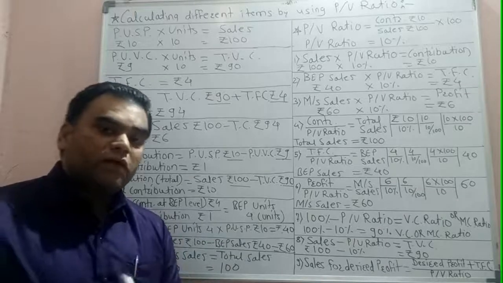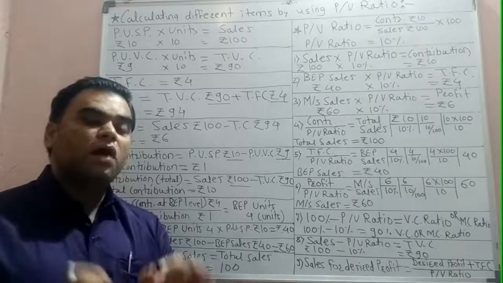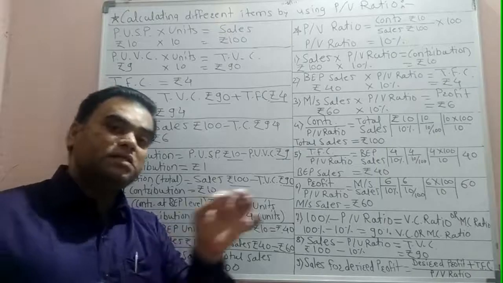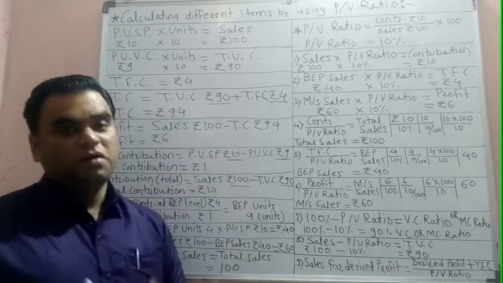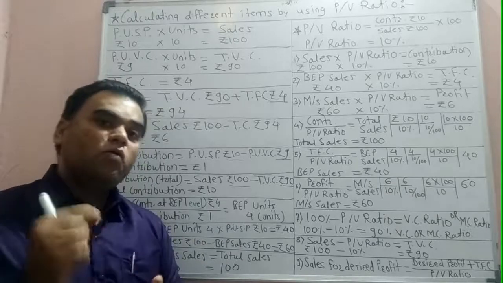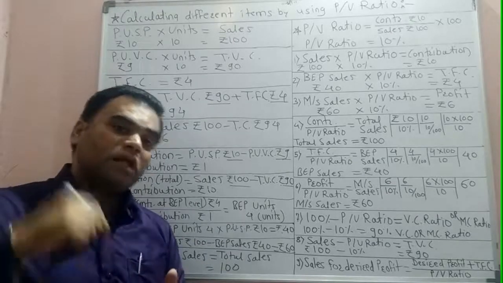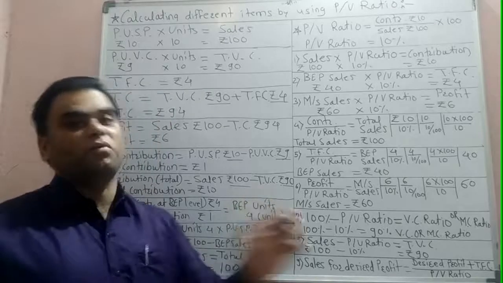So today what have we discussed? We have discussed how to calculate various items by using PV ratio. Means today we have discussed how PV ratio works as a key to solve the problems.